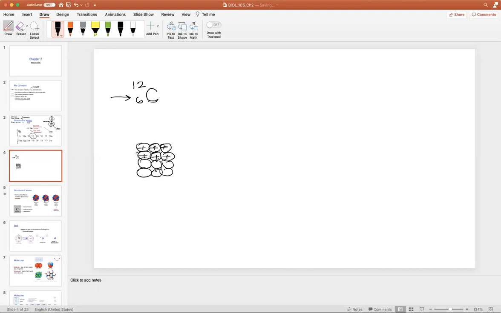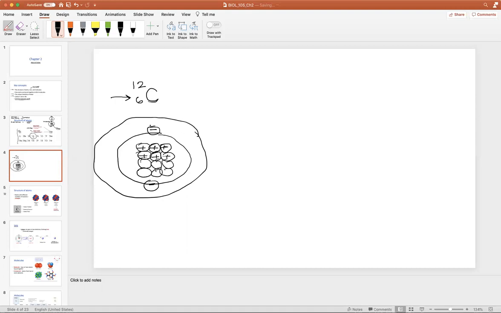Now, if I've got 6 positive charges, I need to balance that with 6 negative charges. So I'm going to draw an orbit here. I'm going to put an electron and an electron. Let me draw one more. Okay, then I'm going to draw another orbit.